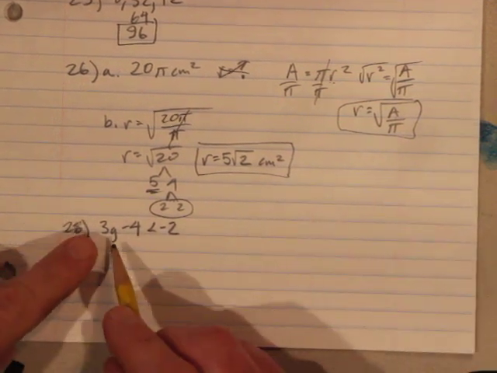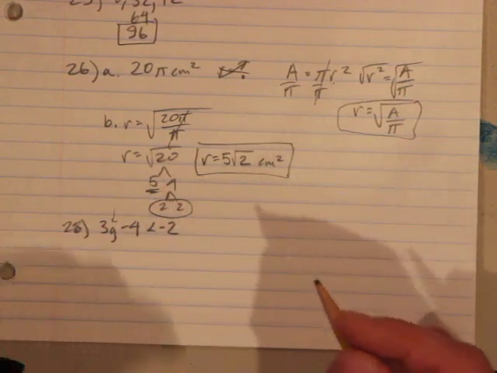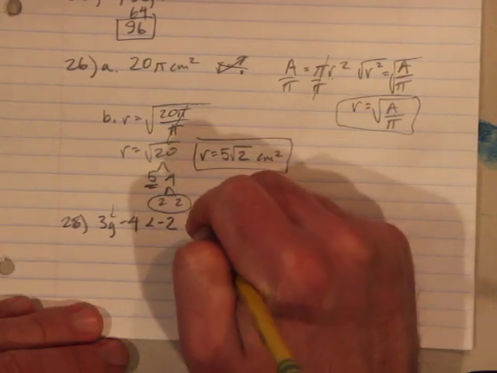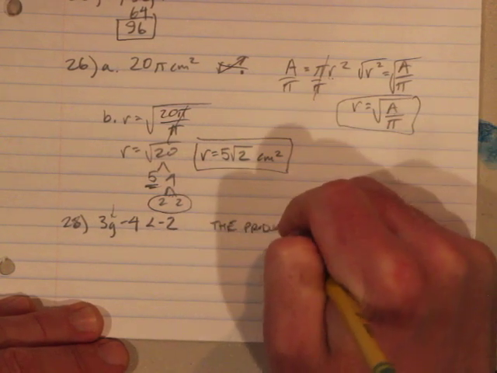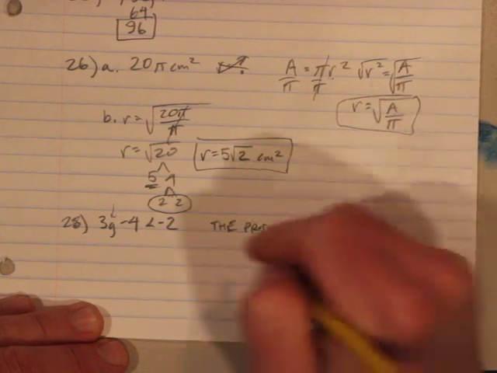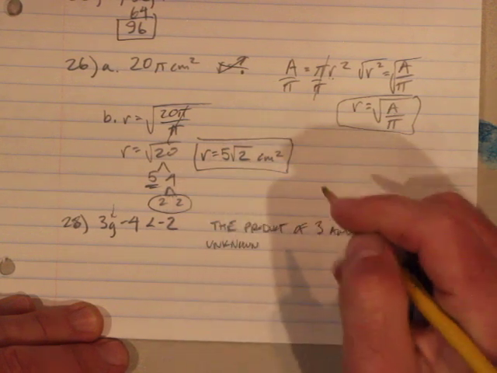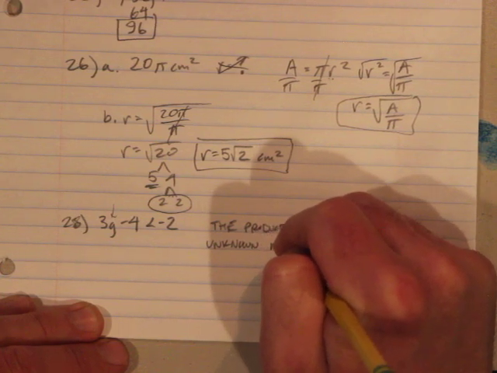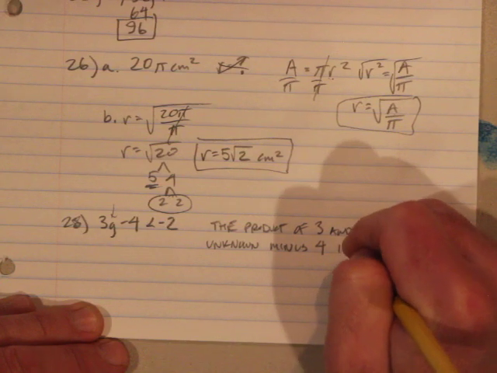You might also say the product of 3 and a number. It says unknown here in the book, and that might be the terminology that you guys are using. So the product of 3 and an unknown minus 4 is less than negative 2.